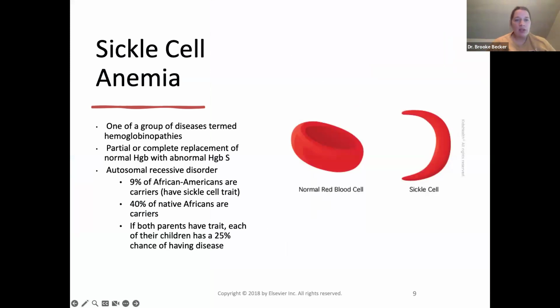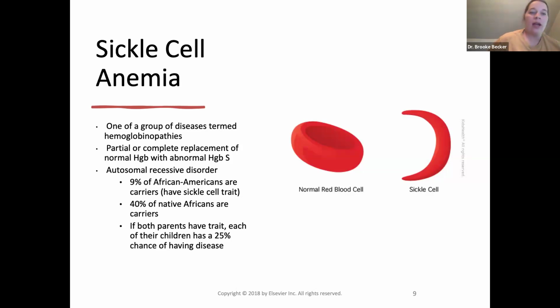Okay, sickle cell anemia. This is another form of anemia. This is one of the hemoglobinopathies that we talked about. So what happens is there's either a partial or a complete replacement of your normal hemoglobin, which is a nice circular shape, with your sickled hemoglobin, so your hemoglobin S. Okay. It is an autosomal recessive, so they have to get both genes from parents.